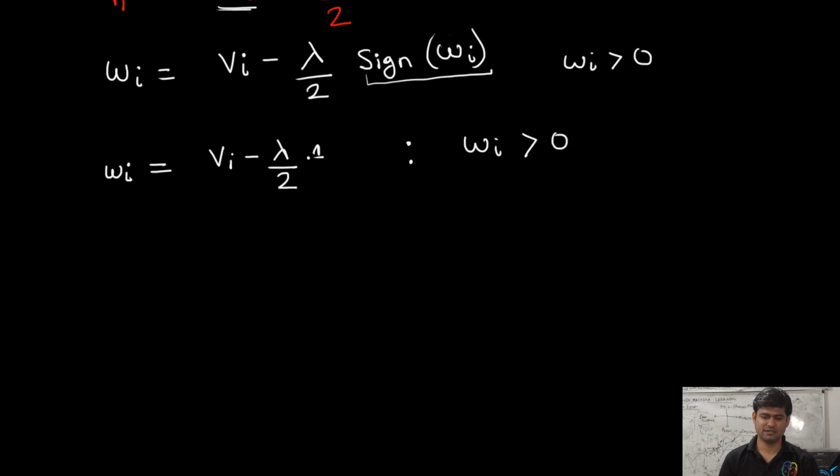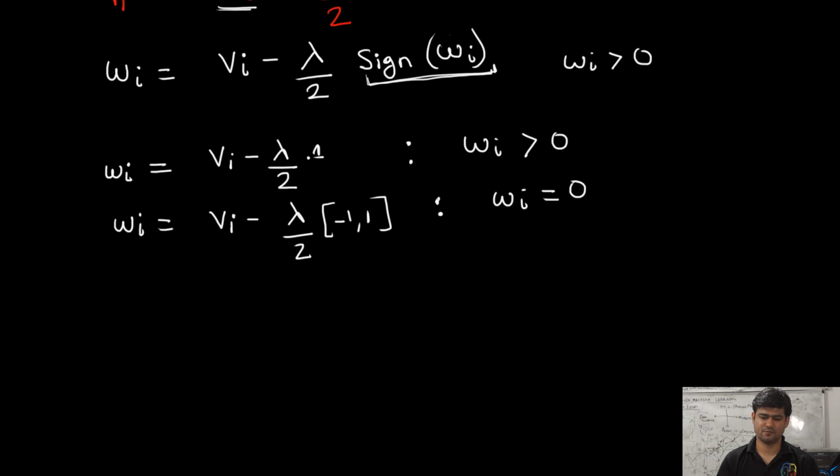The second condition is when w_i is equal to 0. In that case, we have w_i equal to v_i minus lambda by 2 times any value between -1 and 1.